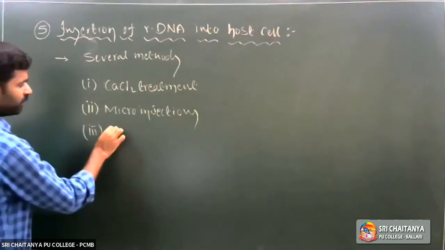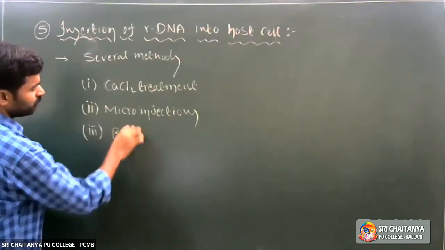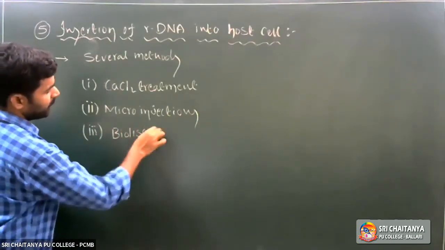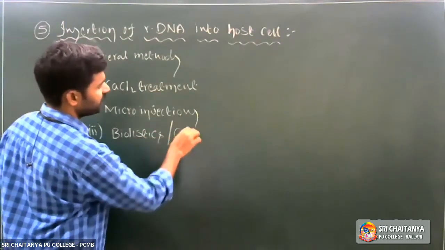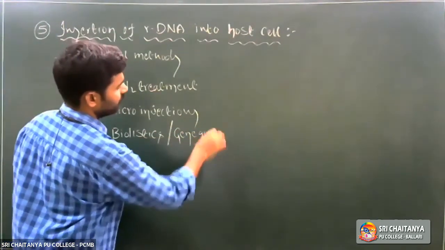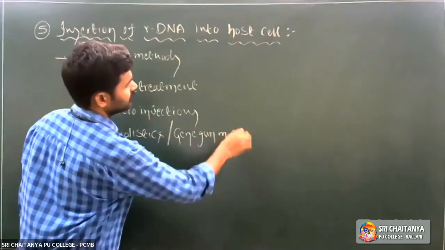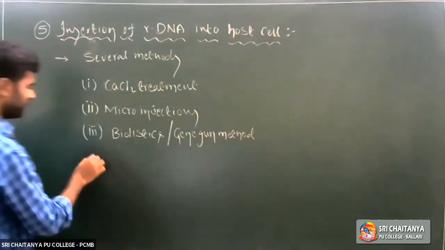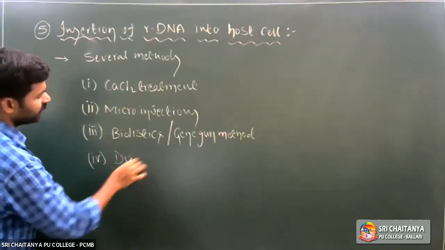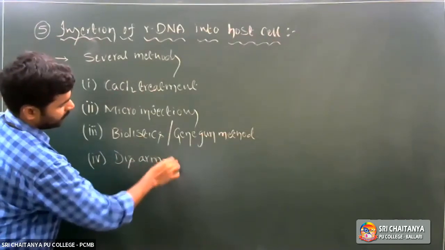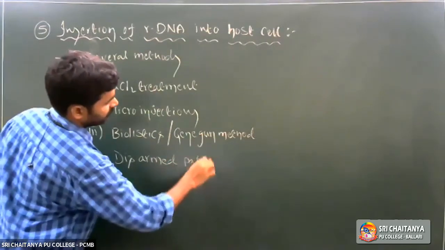Then the third one, the biolistic method, or we call it the gene gun method. Then the next one, disarmed pathogens.